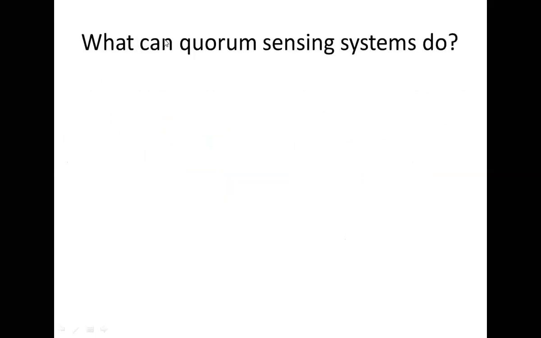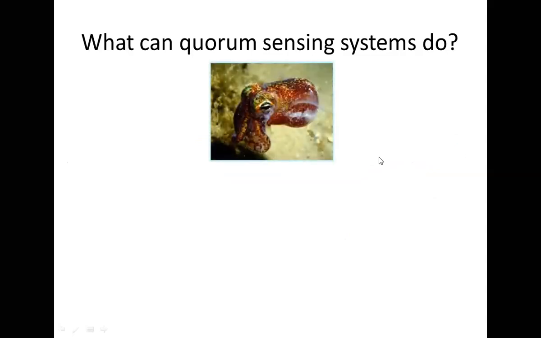So what are some examples of things that quorum sensing systems can do in nature? We've already met the bioluminescent Vibrio fisheri, which is actually used by the Hawaiian bobtail squid as a form of camouflage.